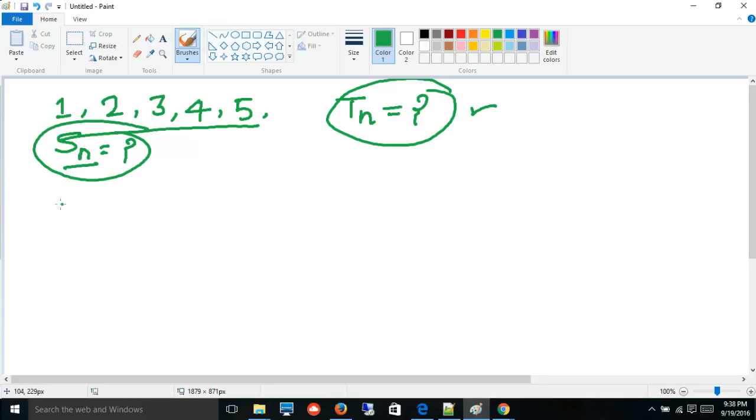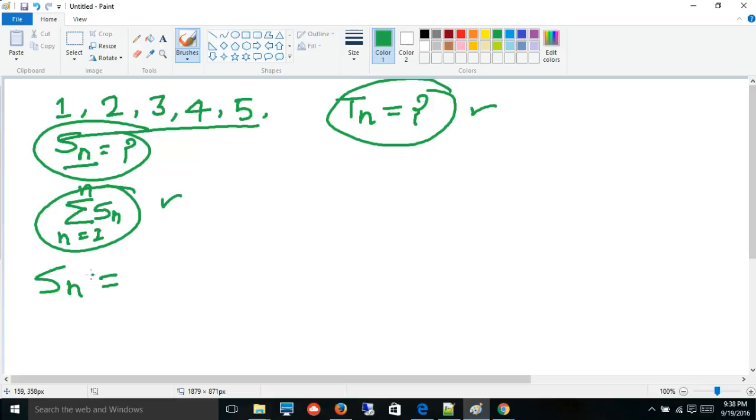In some textbooks you will get a summation symbol with n equal to 1 to n, and it will represent the sum. So it's a representation basically. Here I am going to use Sn to represent the sum of the AP series.